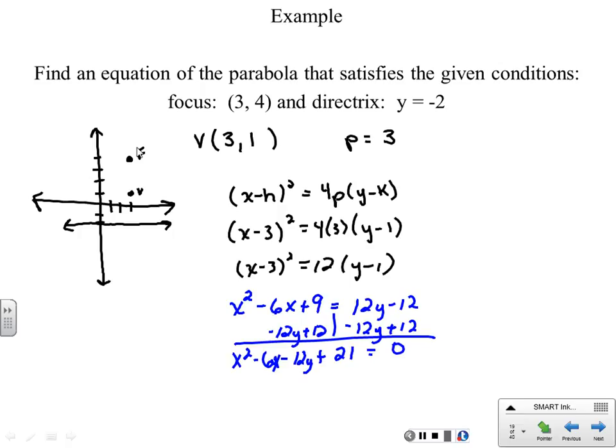You got it. So possibly, if I told you to put it in general form, you go to standard and then you just keep going with the algebra. Not that big of a deal.